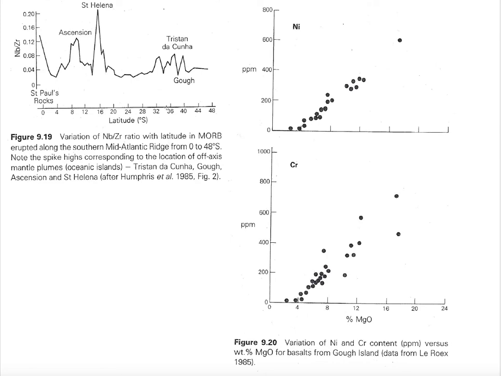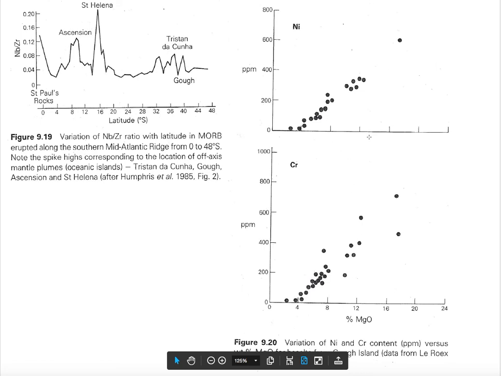Then these two nice diagrams: we have the nickel and chromium variation diagram, nickel and chromium content versus magnesium oxide for the basalts from the Gough Island. Here you have very nice trends in nickel, and here very nice trends in magnesium.